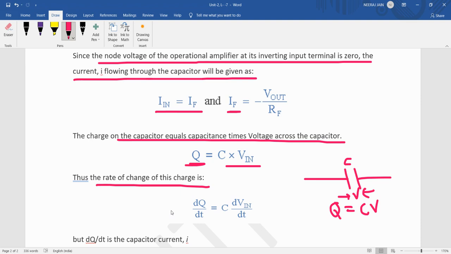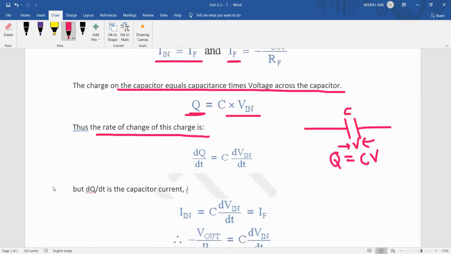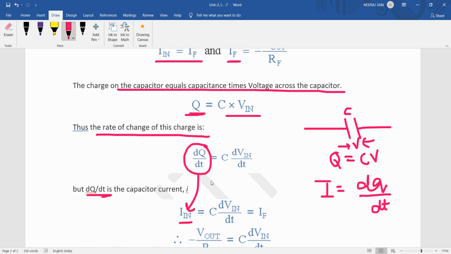Now we are familiar with what dq upon dt is. It is the current in the circuit. We can say I is equal to dq upon dt, the flow rate of charge. Now, in place of In, we can put dq upon dt, and that is equal to C dV in upon dt.